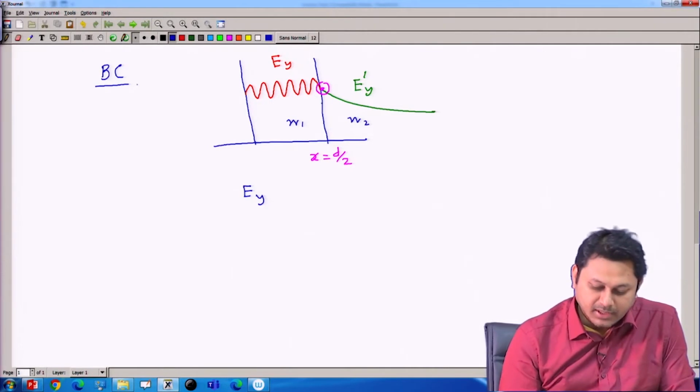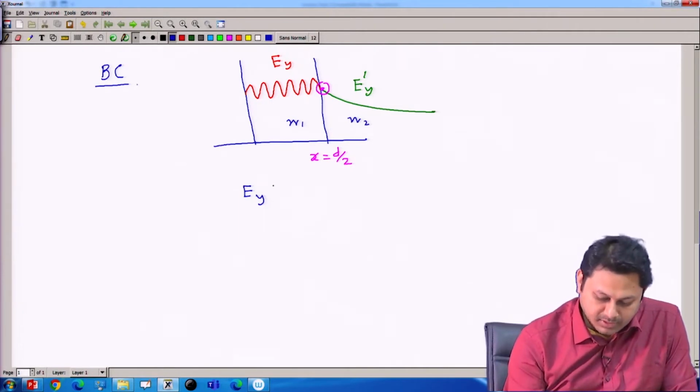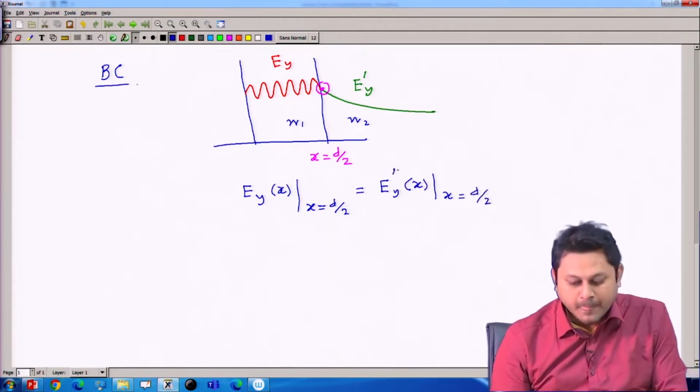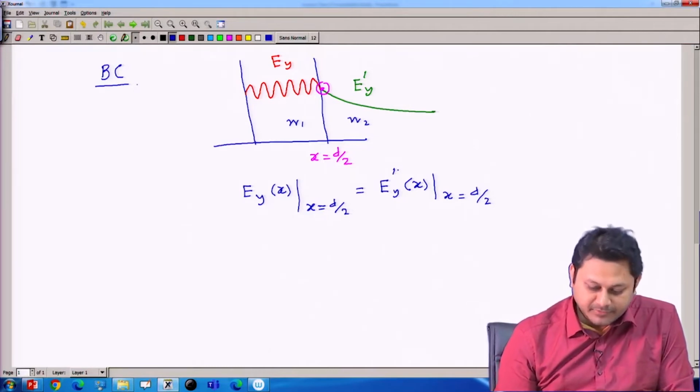At this point, E y at x equal to d by 2 is equal to E y prime at x equal to d by 2. That is the first boundary condition.